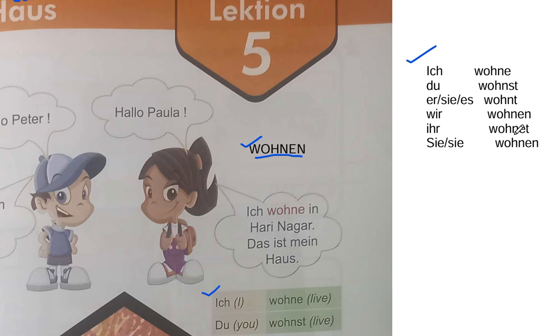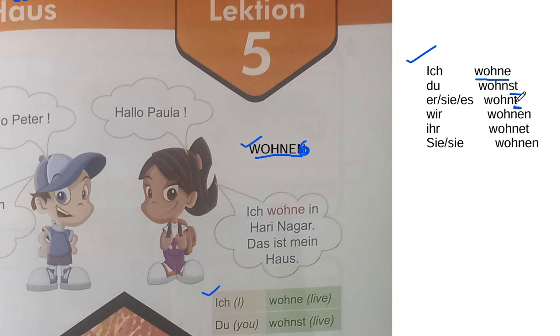Whenever you're saying I live somewhere, you will say ich wohne. You will simply remove the n from wohnen. I live is ich wohne. You live is du wohnst. You simply add st, not ast, I'm saying st. If you are saying he lives, she lives, it lives, then you will simply make it wohnt.